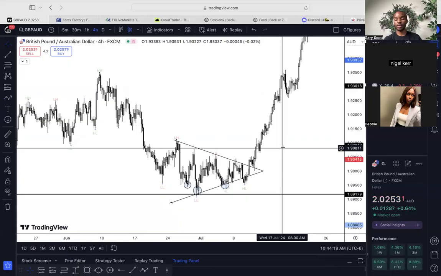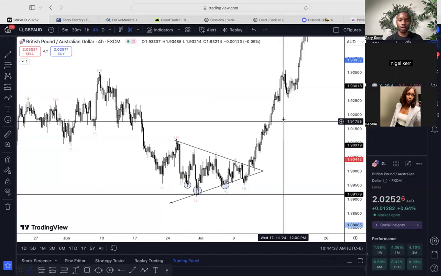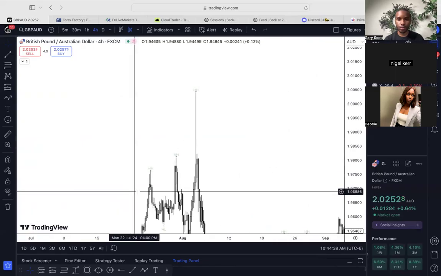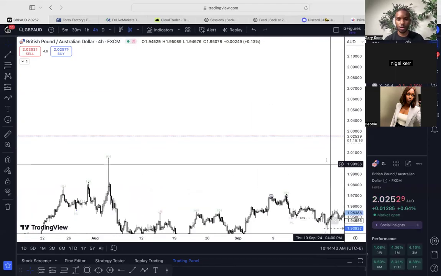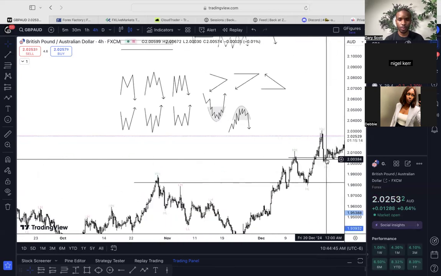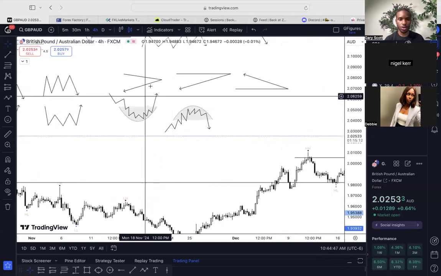Debbie said a flag. No, it would not be a flag. We don't call it a flag; that's not the flag setup. This is called a symmetrical triangle. If we go back, does this look very similar to this one?